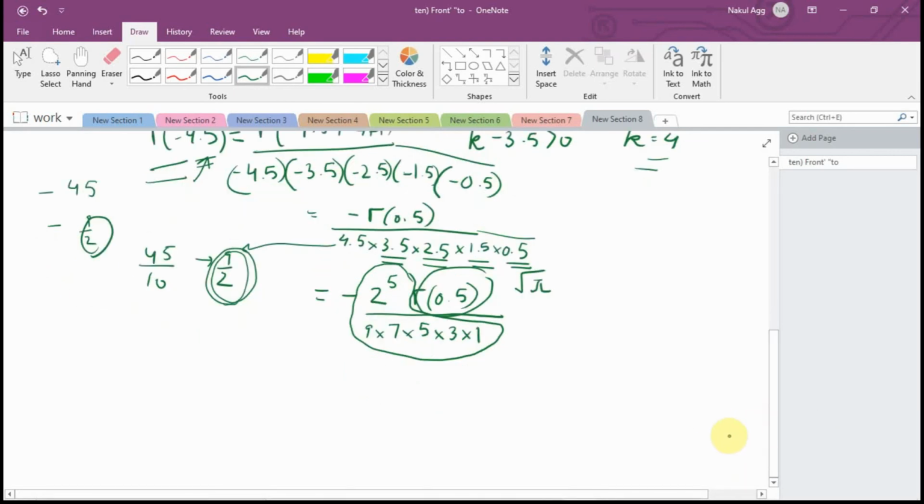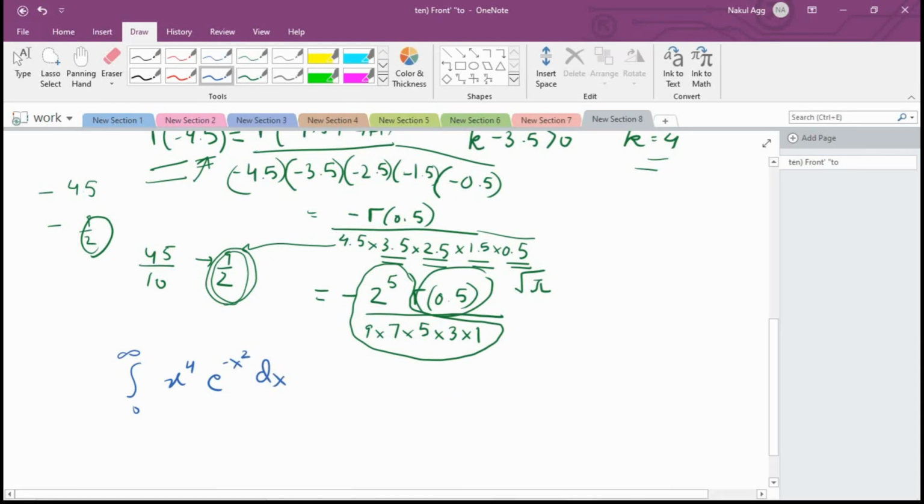Next, we take up some simple examples first. The first important example that we take is based on the gamma function: integral 0 to infinity x to the power 4 e raised to power minus x square dx. Remember that the argument of the exponential function in the gamma function is linear.